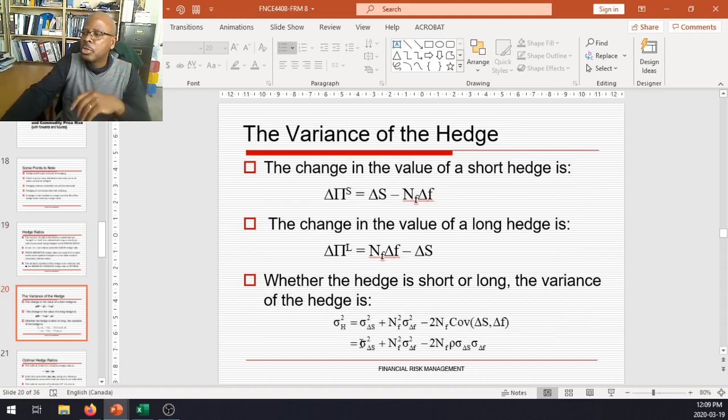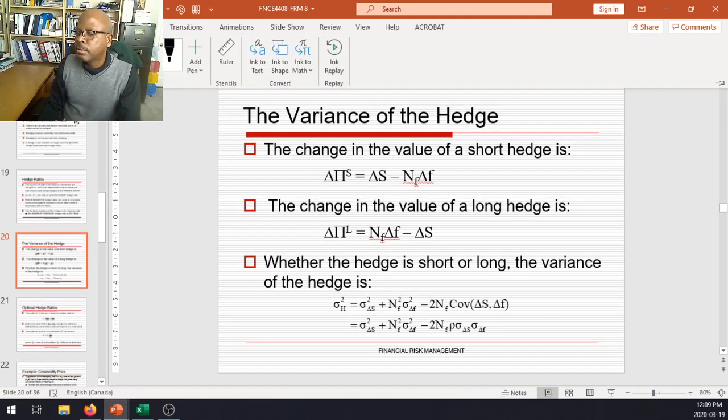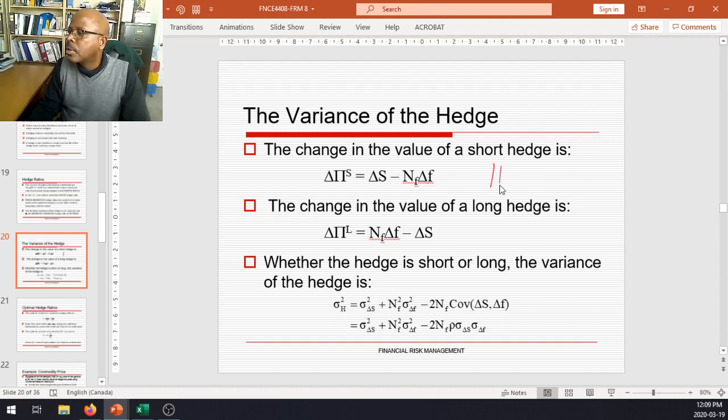You set up essentially the hedge itself. Let me expand this a bit. So this is the hedge itself, and this we know is the spot position you have, minus, because you will take an opposite position in the futures market, the futures position you have.